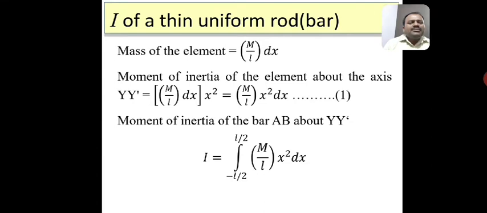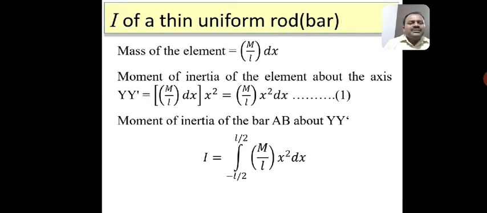Therefore, the moment of inertia of the element about the axis y dash is equal to mass into distance square. Distance of the element from the axis is x. So M by L into x square into dx gives us the moment of inertia of the element about the y dash axis.